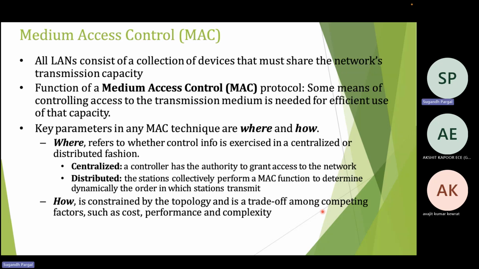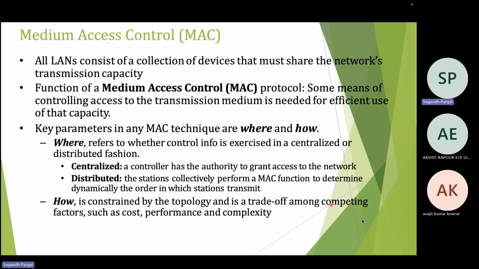So all LANs consist of a collection of devices that must share the network's transmission capacity. Some means of controlling access to the transmission medium is needed for efficient use of that capacity, and that is the function of the MAC protocol. The key parameters in any MAC technique are where and how to send. Where refers to whether the control is exercised in a centralized or distributed fashion. In centralized, a controller has the authority to grant access to the network.